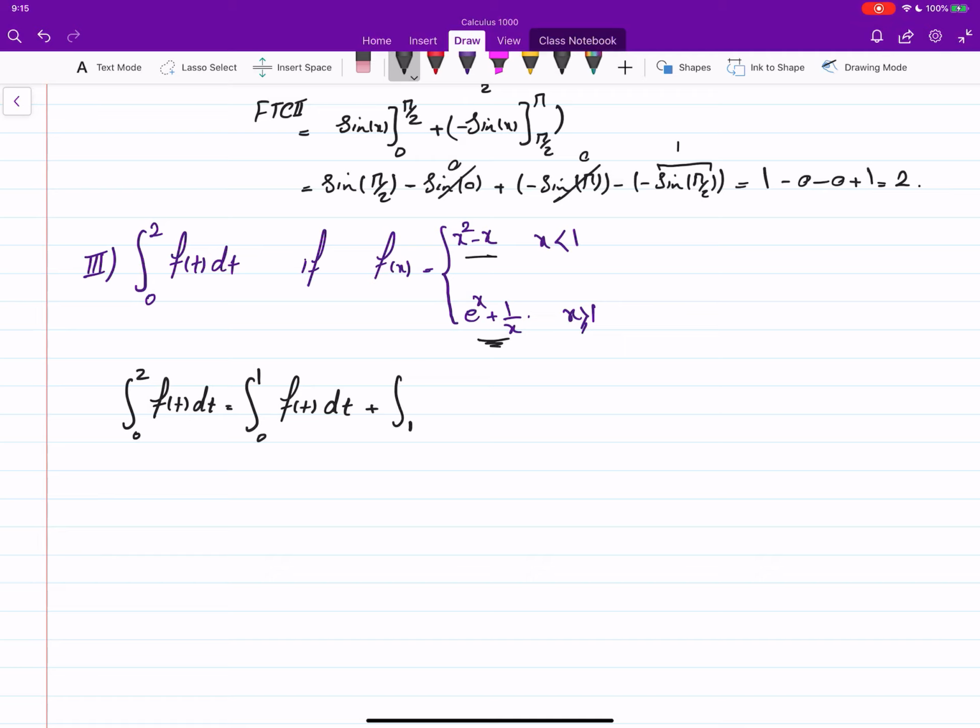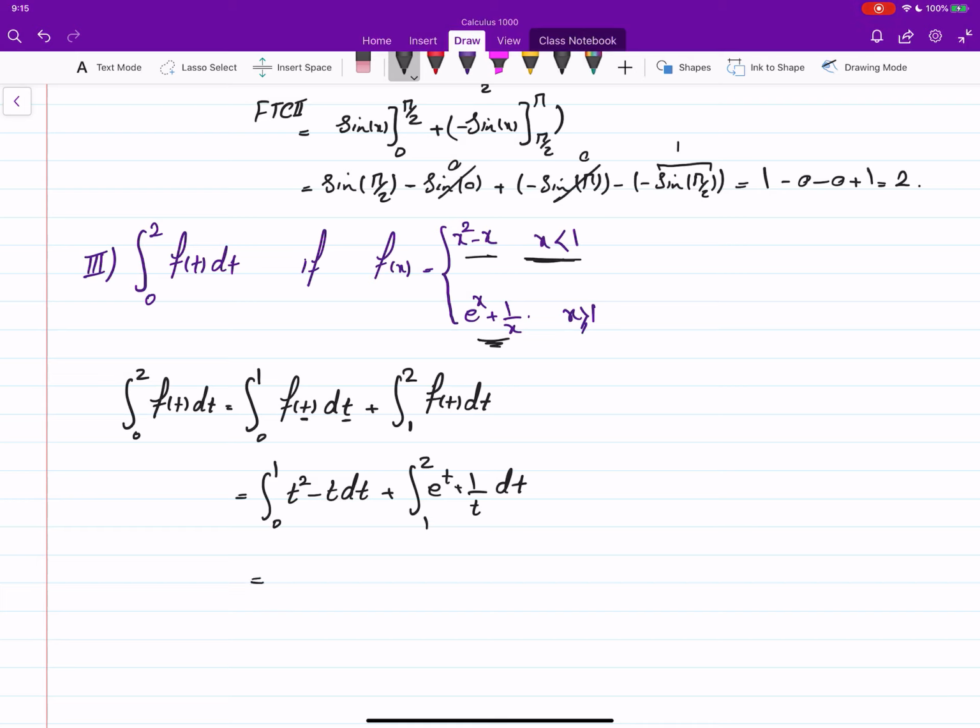So 0 to 1, 1 to 2. Now, in the interval 0 to 1, we are on this part of the domain, so the function is x squared minus x. Here I'm using variable t, so I have to write everything in terms of t: t squared minus t dt, plus from 1 to 2, it is e to the power t plus 1 over t dt.